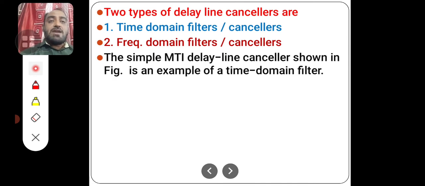One is time domain cancellers and the other is frequency domain cancellers. If you produce the delays in terms of time and plot the waveform with respect to time, then it is called a time domain filter. And if you talk about all this in terms of frequency, then it is called a frequency domain filter.